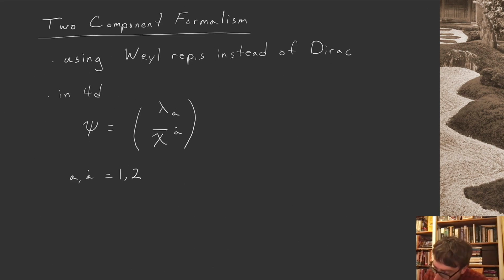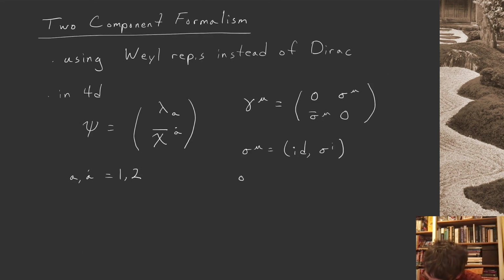Okay? And now we'll work furthermore in a particular basis. We'll work in that basis I mentioned a few lectures ago, where the gamma matrices are strictly off diagonal. So I've got a generalized Pauli matrix sigma mu, and its bar in the upper right and lower left hand corners, and then sigma mu is the identity, and then the other Paulis, and sigma bar mu is minus the identity, and then the other spatial Pauli matrices.